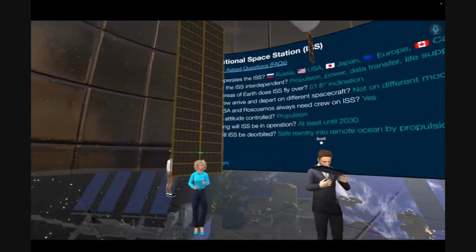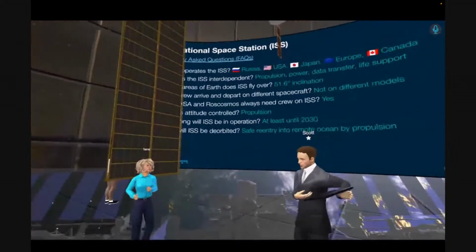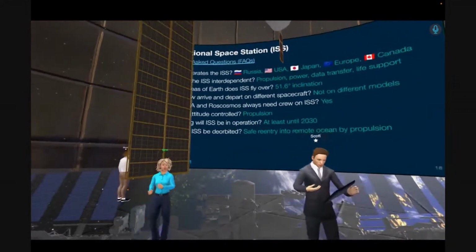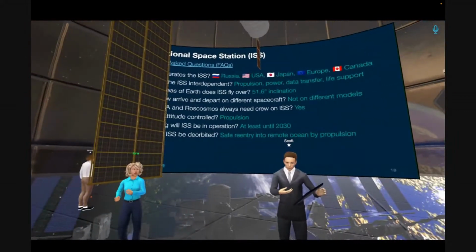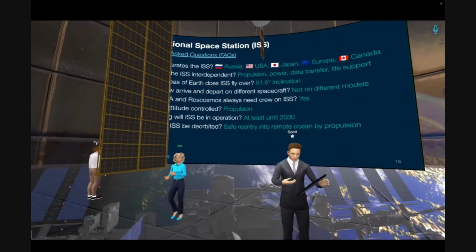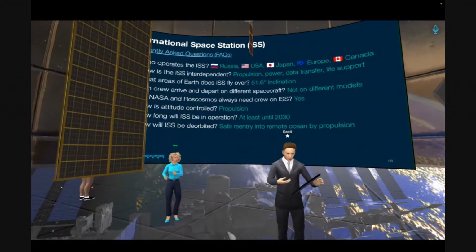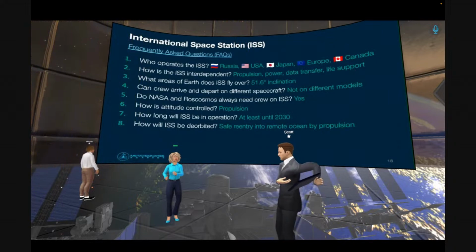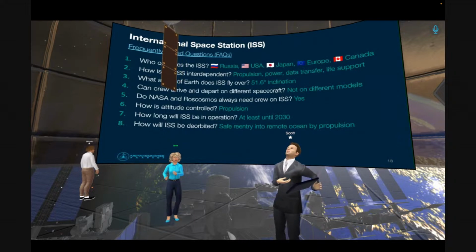I left NASA last year to go to work for Blue Origin, which is a private space organization. And one of the things we're doing there is building a commercial space station that we plan to provide for NASA to replace the International Space Station once that is decommissioned at the end of 2030 or whenever NASA decides that to be the case.